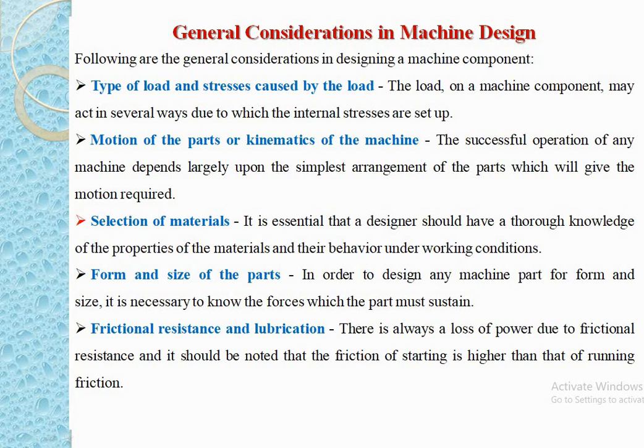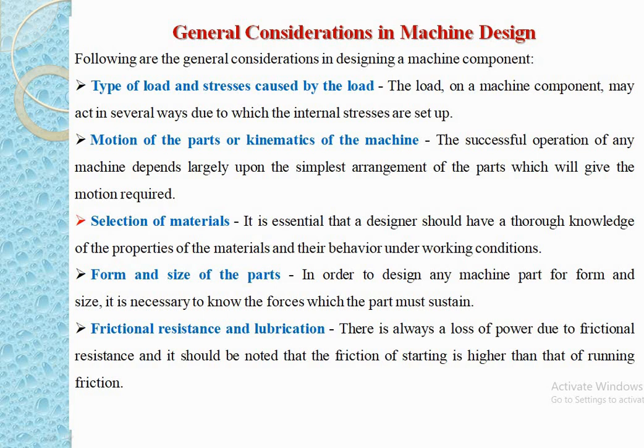Some of the important characteristics of the material that we need to take into account while designing machine components are the different properties of the material. A design engineer should have knowledge of the properties of the material selected for a particular mechanism, or for a particular element.